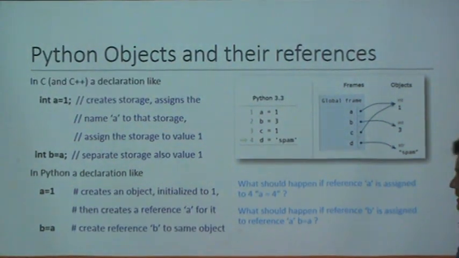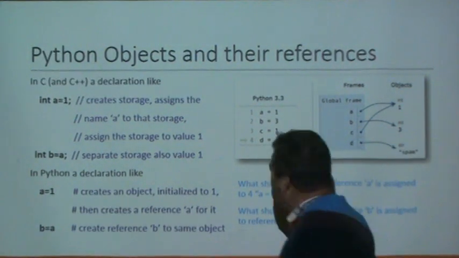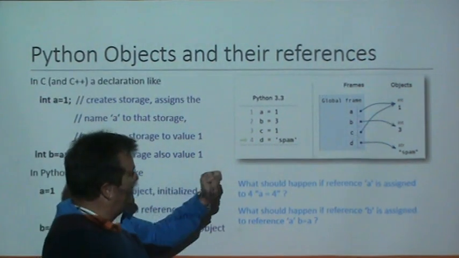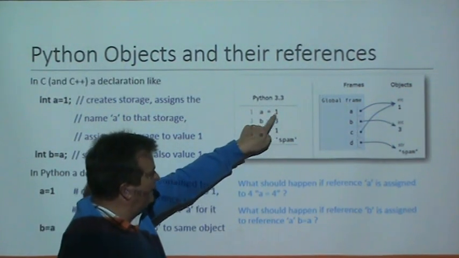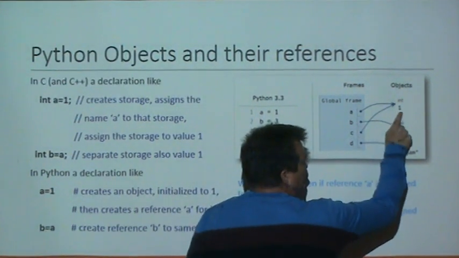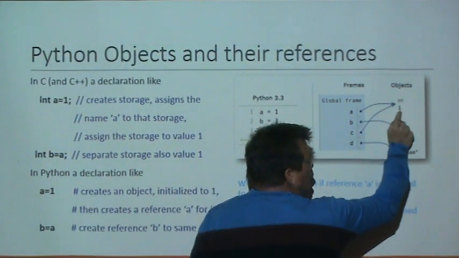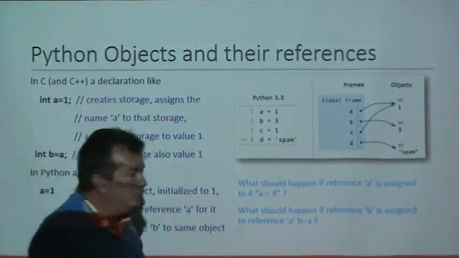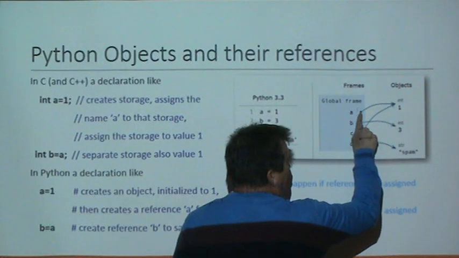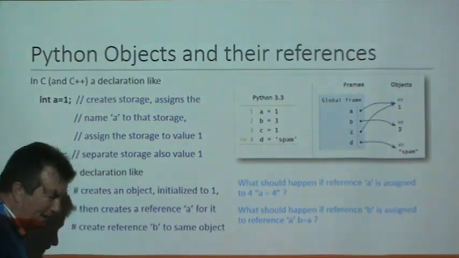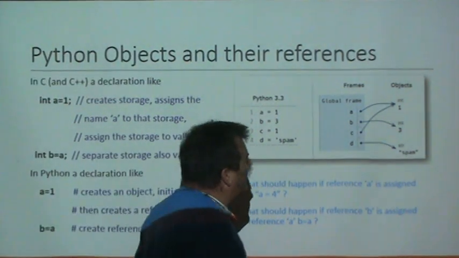Okay, so pictorially, here's what it would look like. Suppose, for example, we had in Python A equals 1. So what happens? We create a piece of storage, an object, we initialize its value to 1, and then separate from that, we create a reference called A, and we have an arrow. I'll explain how the arrow is implemented in a little while.